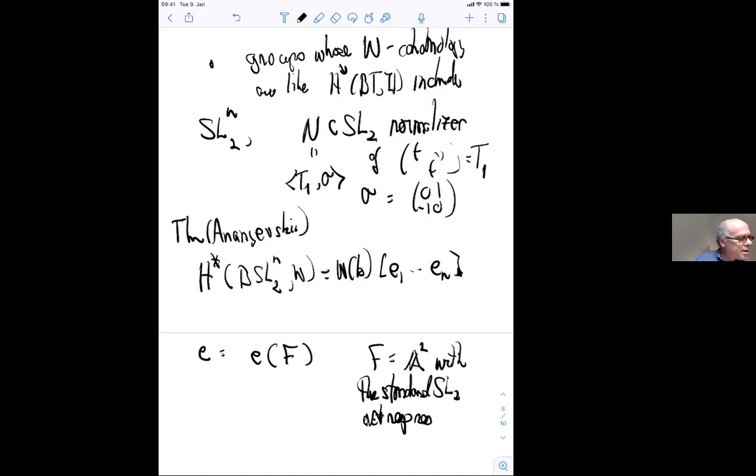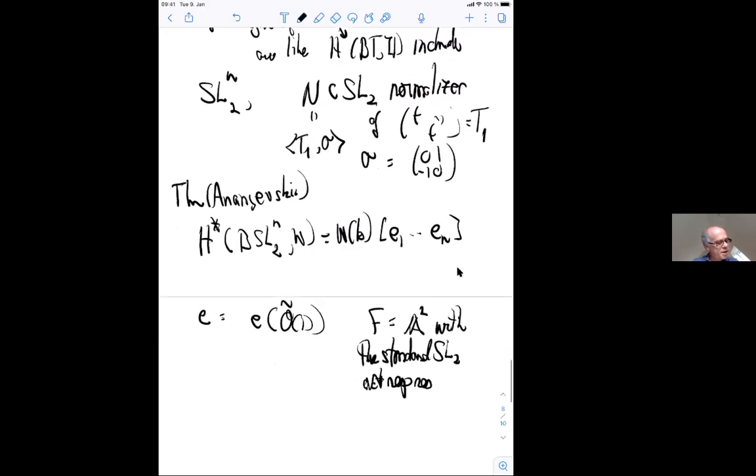Let's call this bundle O tilde of 1 on BSL2, corresponding to the standard rank 2 representation of SL2.